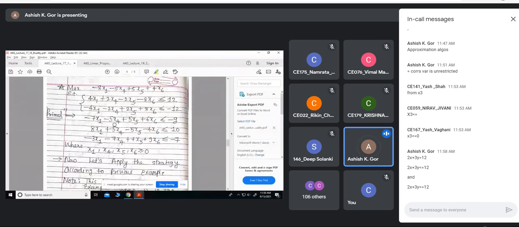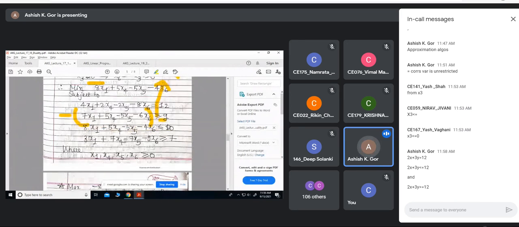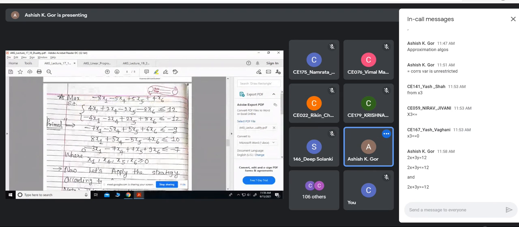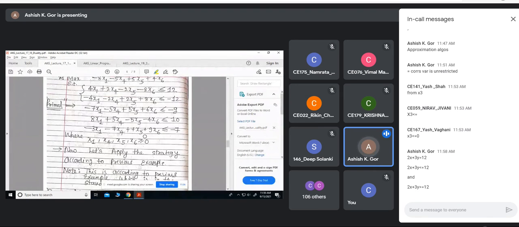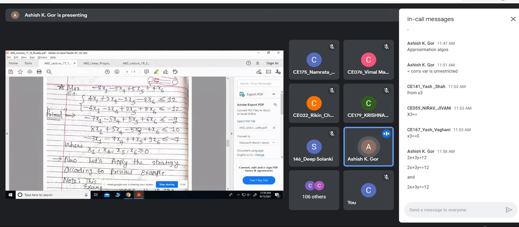Other things are fine. The next constraint is fine. The next to next constraint is not fine, so again I negate both sides and then I get this. So now you see, it looks like a maximization problem with all the variables non-negative and all the constraints of less than equal to type.